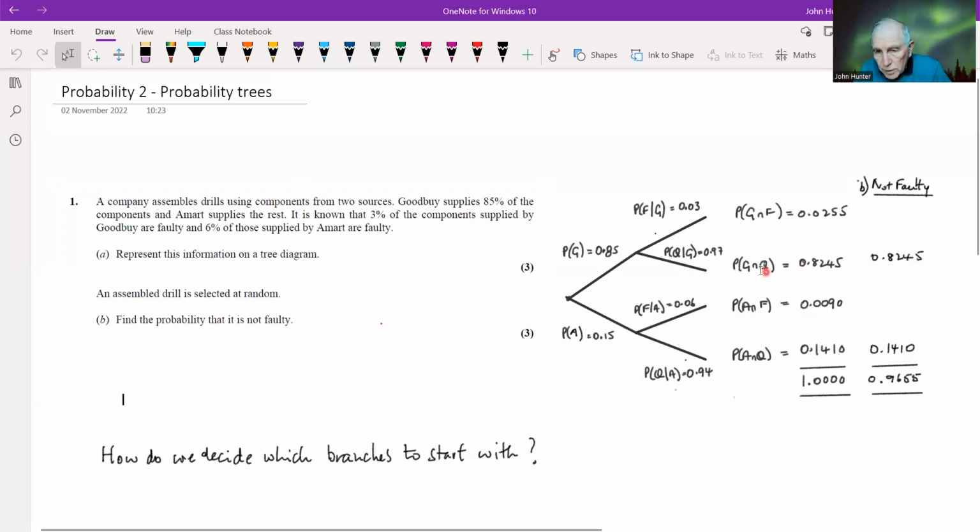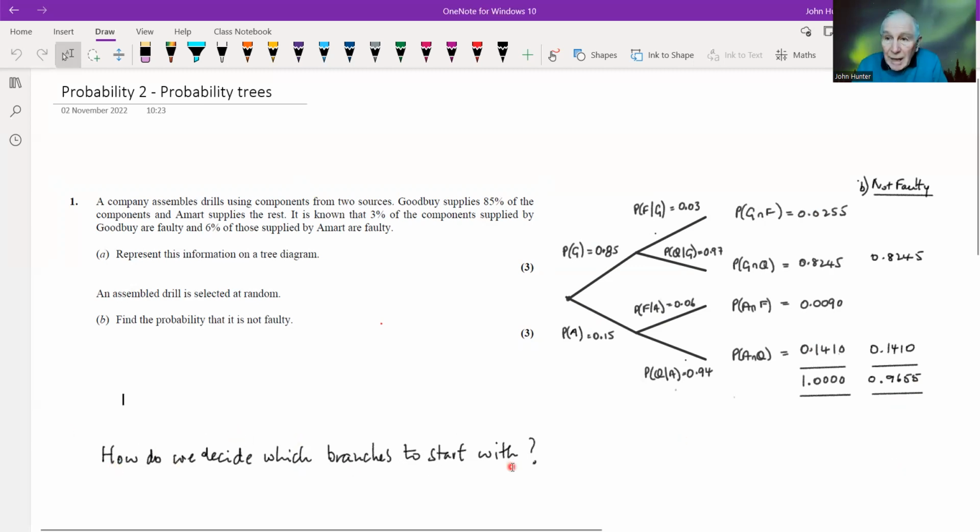So this one has a Q there, and that one has a Q. So those are the 2 of interest. If you just pull that number across there and there, and add those 2 together, we get this probability, 96.9655. So that basically is the probability that it is not faulty, which is good. It's quite a high number.